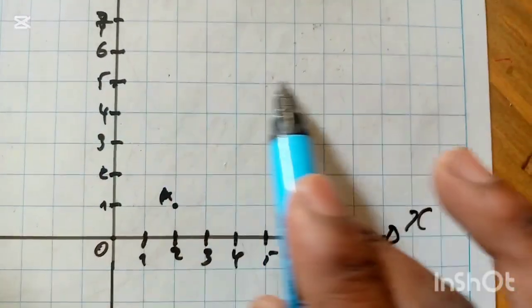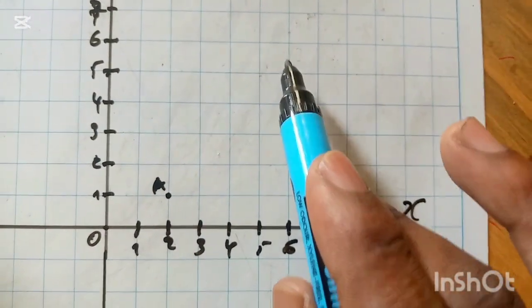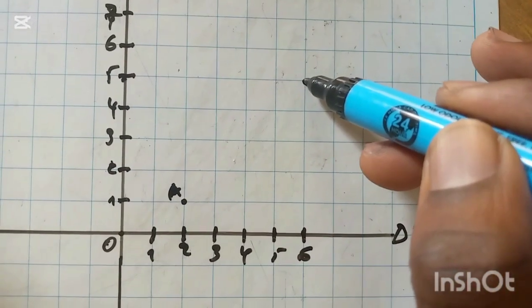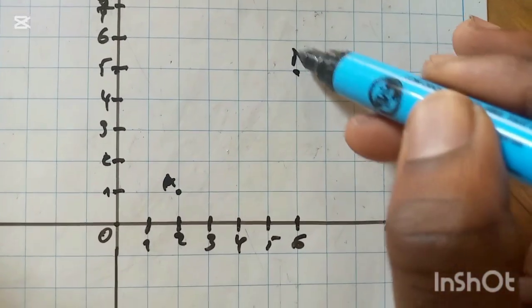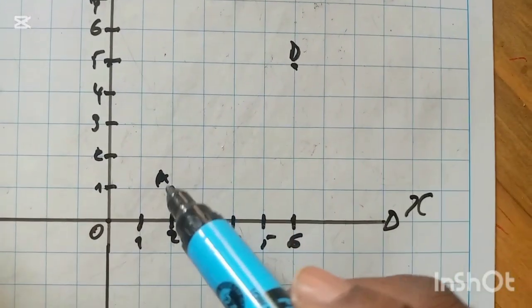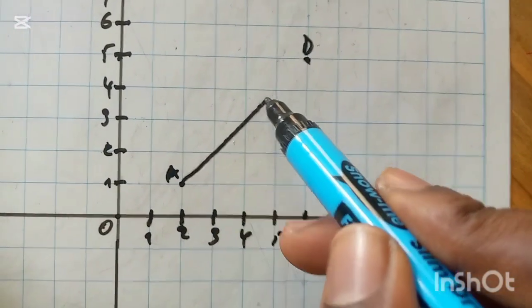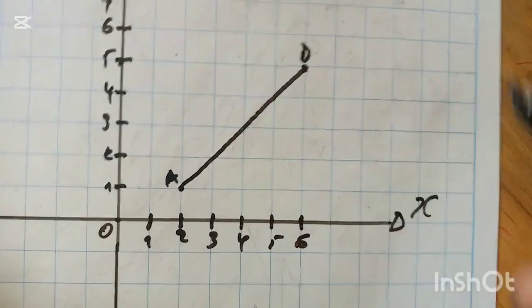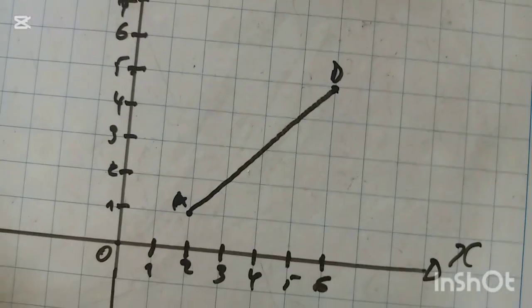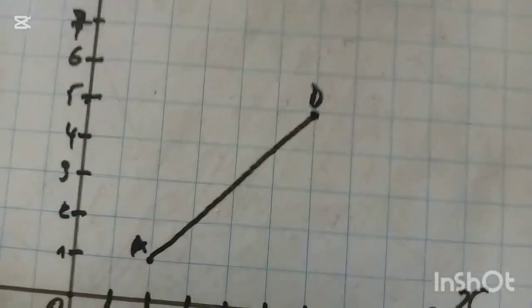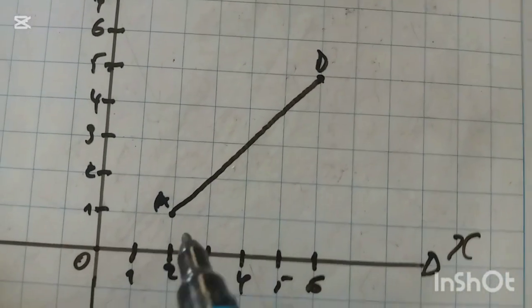So this one will be here, right? This is the point D. By trying to join them, I can use this line. This is the line which is joining the point A and this.